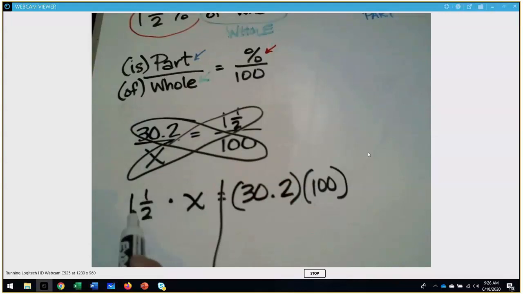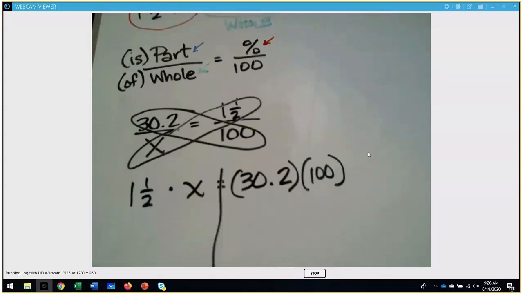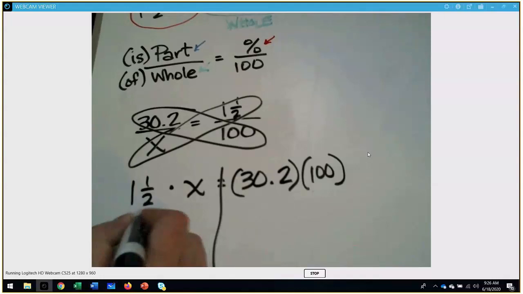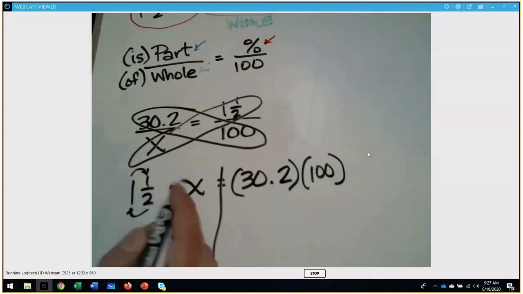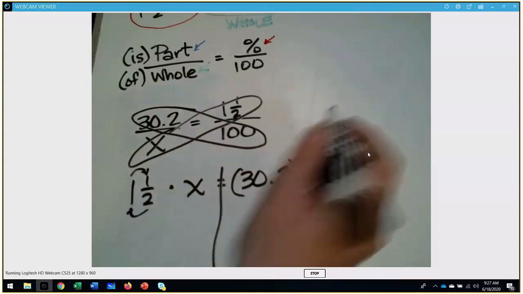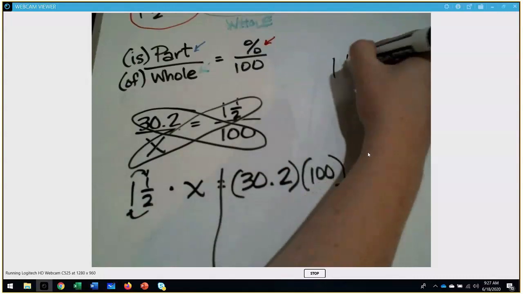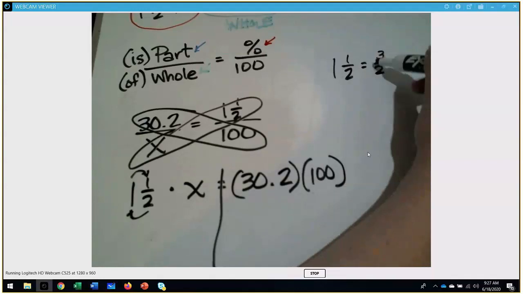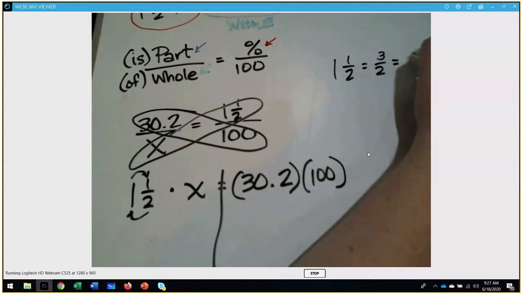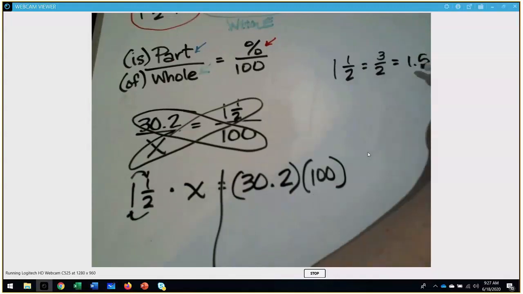Now over here, I'm going to start to deal with this thing here. If you already know what this is as a decimal, you can just go right to it. Otherwise, to do it the long way, I'm going to multiply and add. So 2 times 1 is 2, plus 1 is 3. I'm going to do this off to the side. That's 3 over 2. And then I'm going to divide 3 divided by 2. And that gives me 1.5.